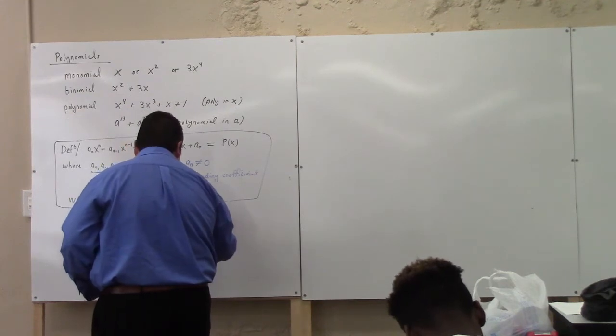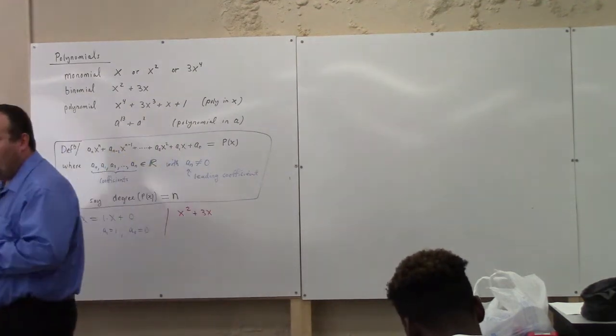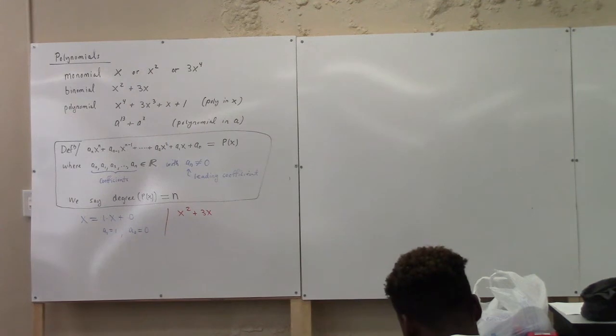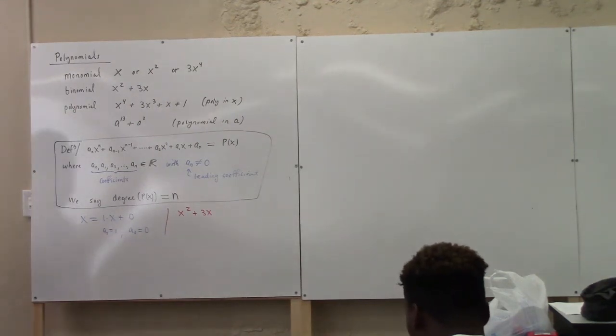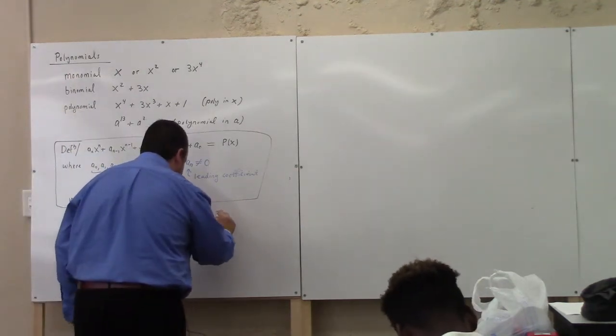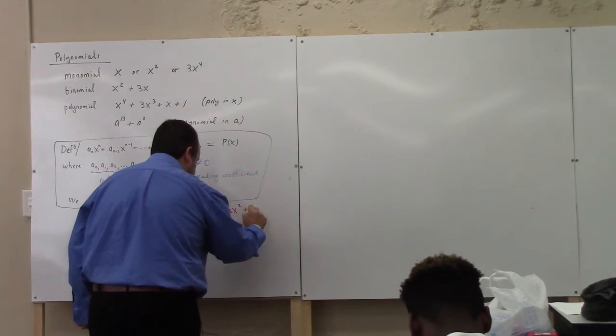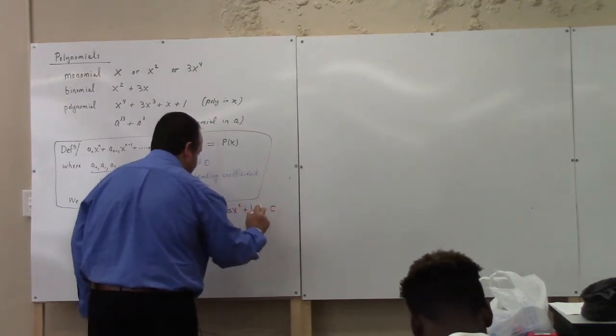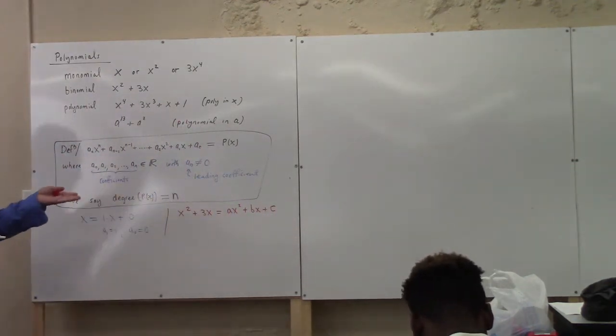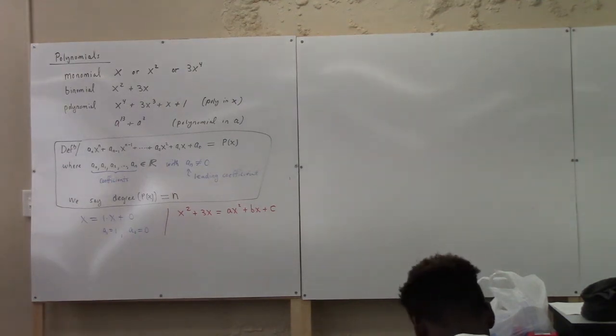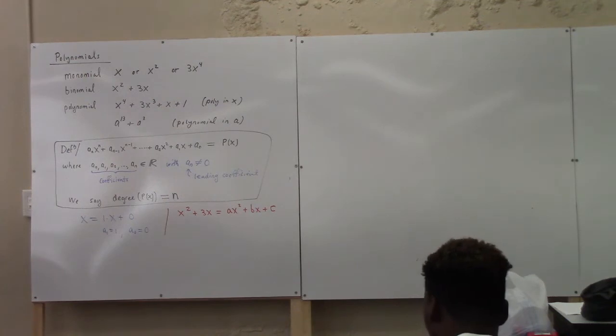Can you tell me what are the coefficients here? 1 and 3? Right. Well, almost. Let's see. So we would say that this is like ax squared plus bx plus c. So in the context of a quadratic polynomial, we like to use a, b, and c for the coefficients. That's just our custom. All right?